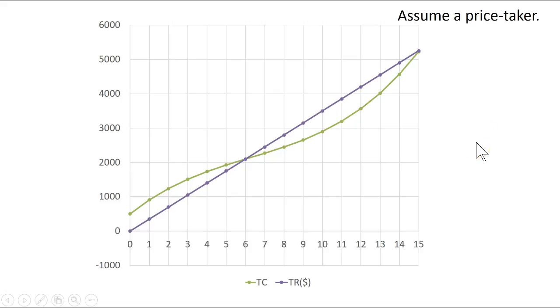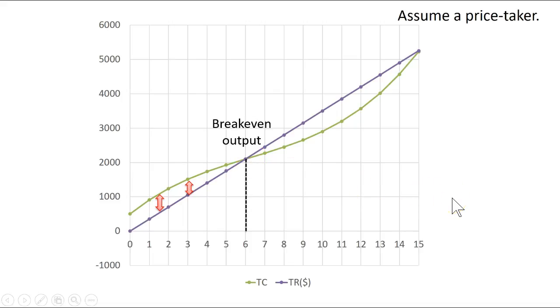Now when we compare these two curves at each level of output, comparing total revenue and total cost, we can see at very low levels of output that the firm actually makes a loss. The total costs are greater than the total revenue at each of these levels of output. And we can see at the level of output of 6, the total revenue will just equal the total cost.